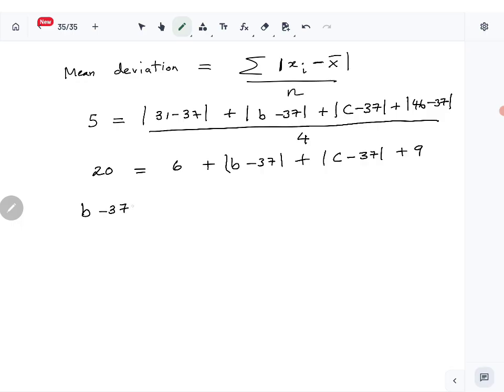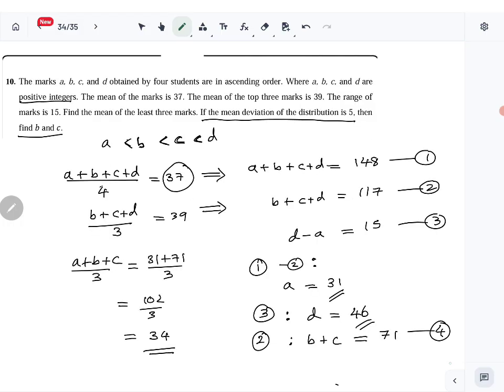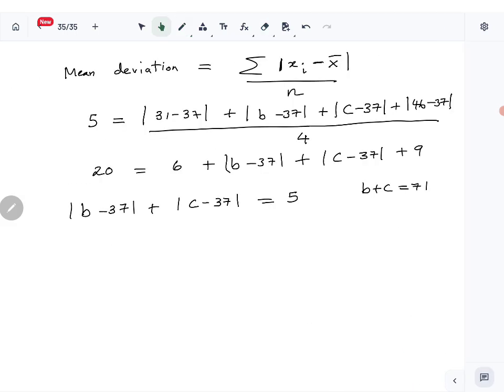So then we have |B minus 37| plus |C minus 37| is equal to 5. Now remember, B + C is 71. We found that in equation 4.